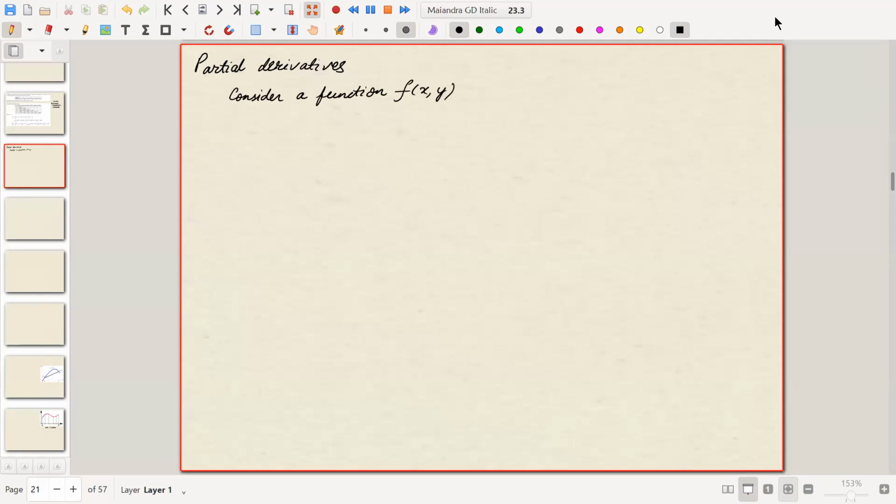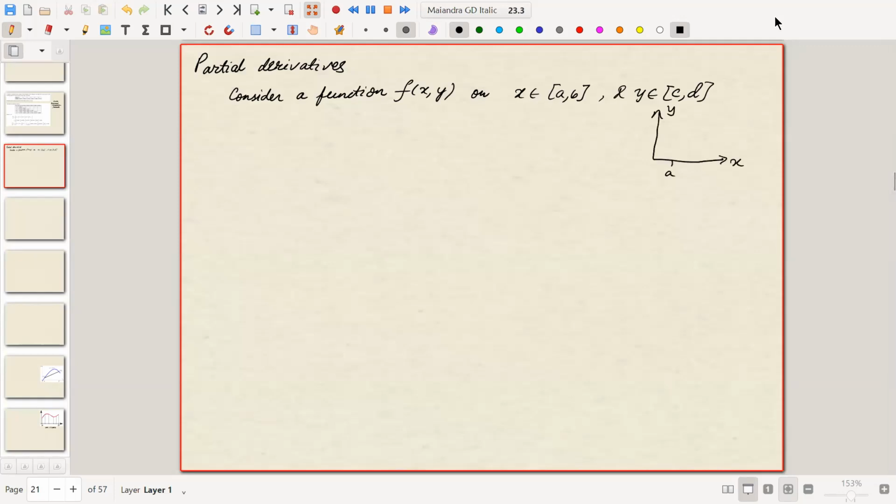Since we are defining the function, it should be defined on a domain where it is defined. So say x is from a to b and y is from c to d. Now you can visualize that it is on a rectangular grid.